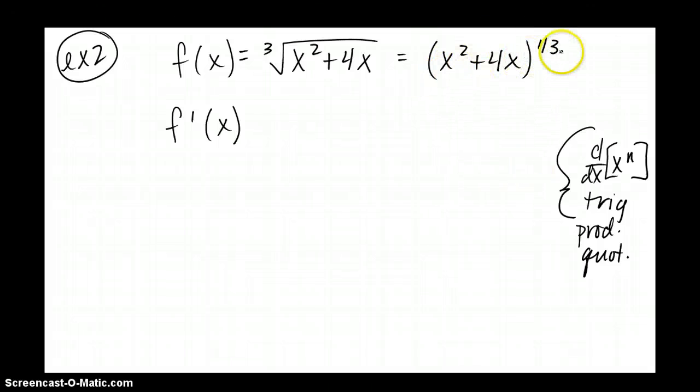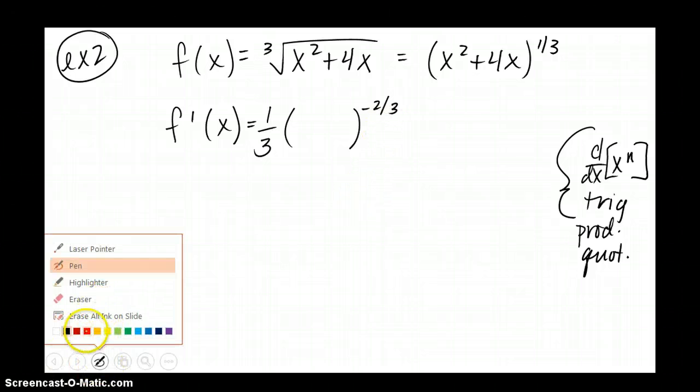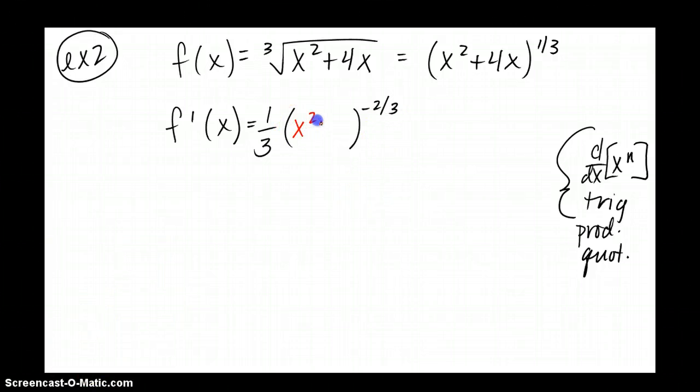So I have something being raised to the 1/3 power. So working from the outside in, first I'm going to have to derive that. So bring the exponent out front, subtract 1 from the original. Now remember, you can only derive one function at a time. So the x squared plus 4x, the base of the power of 1/3, has to be kept exactly the same.